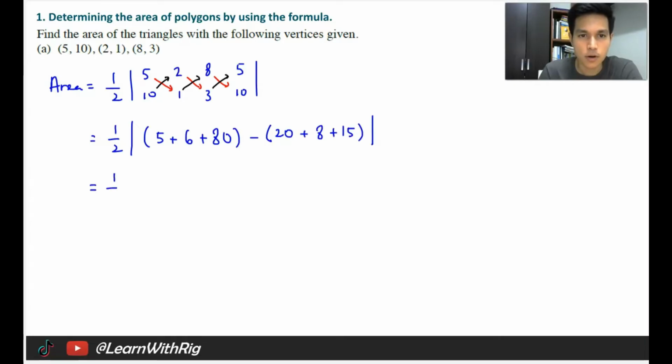Okay, so 1 over 2, here you should get 91 minus 43. So 91 minus 43, you should get 48. So your answer is 24 unit square.